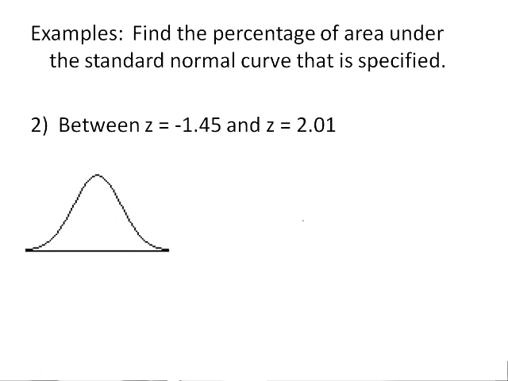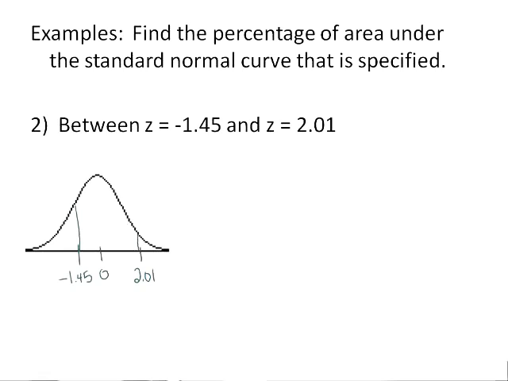Now let's look at the area between negative 1.45 and 2.01. So on our curve, 0 is in the middle, negative 1.45 will be to the left of 0, and positive 2.01 will be to the right of 0.